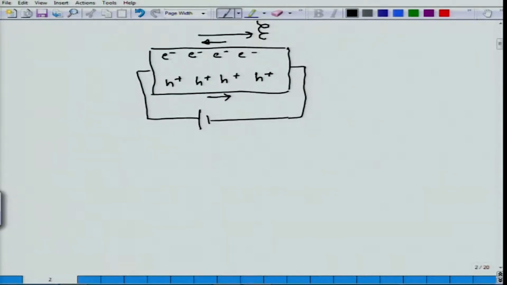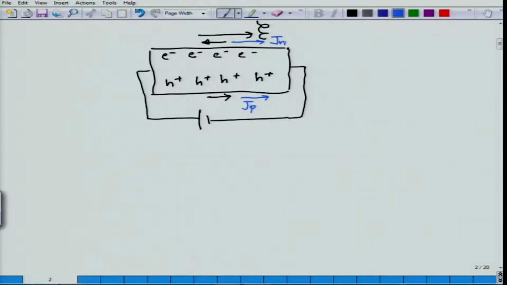And as a result, what would be the current? Due to the holes inside the semiconductor, there is going to be a hole current in this direction. What about the motion of electrons? Since the current conventionally is the motion of positive charge, it is going to be in the opposite direction to the direction of the electron motion.